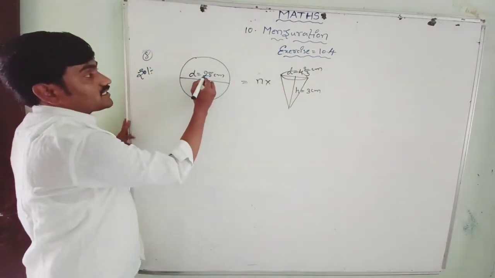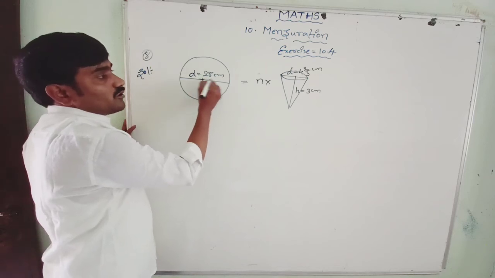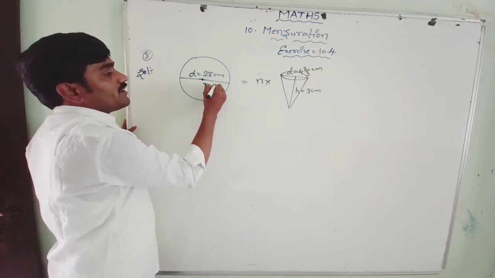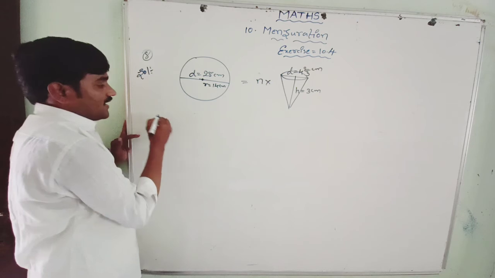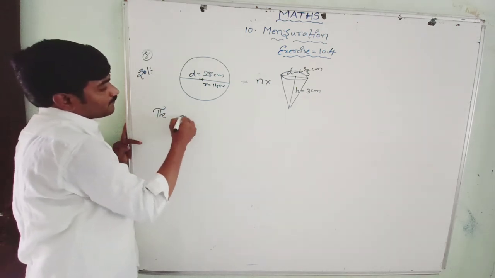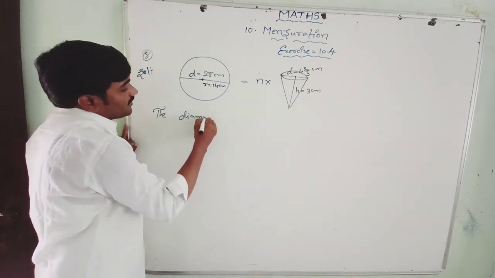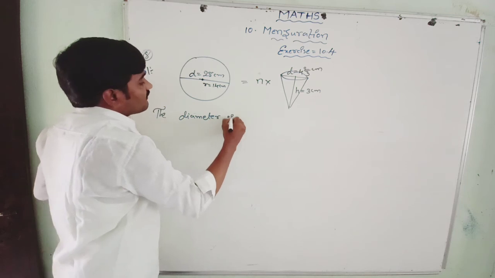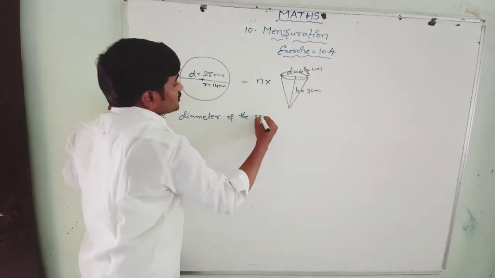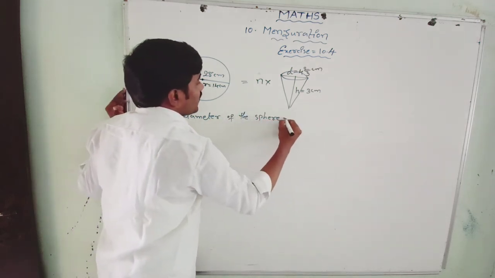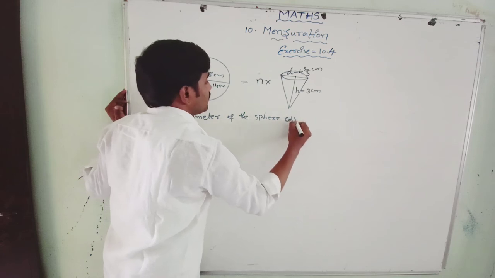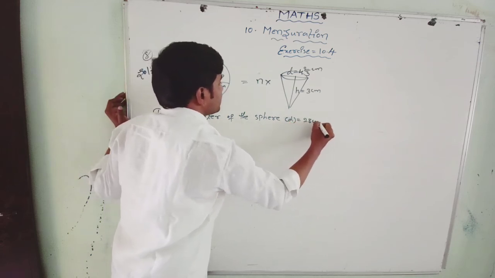So here the diameter is 28 centimeters, so the radius will be 14 centimeters. Let us write the diameter of the sphere: D equal to 28 centimeters.